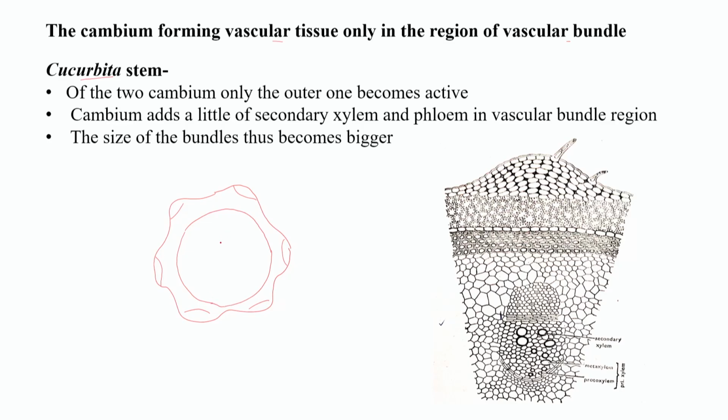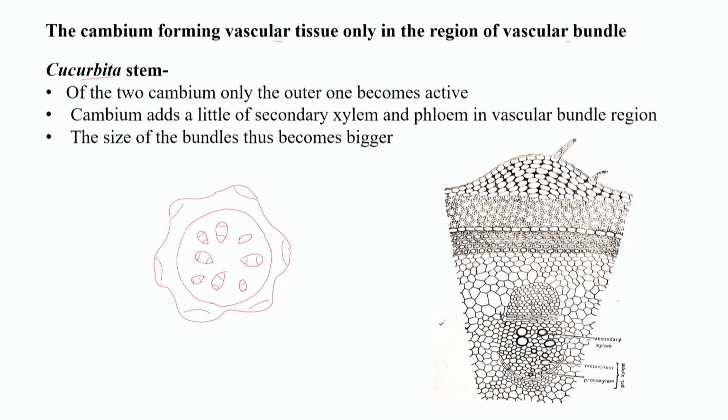In the center are some big vascular bundles, an inner layer of bigger vascular bundles and an outer layer of smaller vascular bundles, and they were collateral. This is also very important to remember, because this is also not a normal feature.